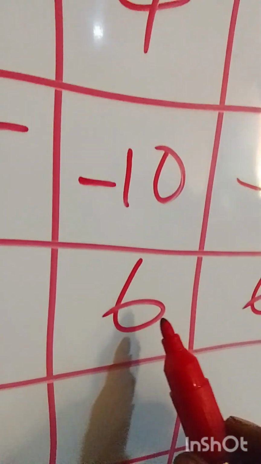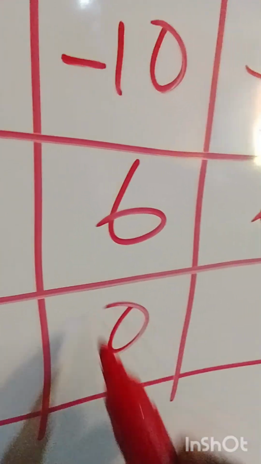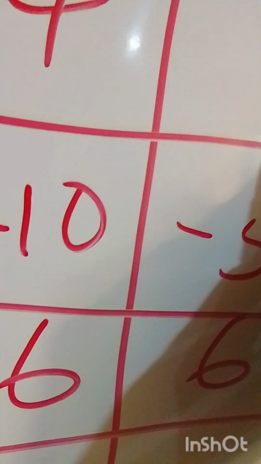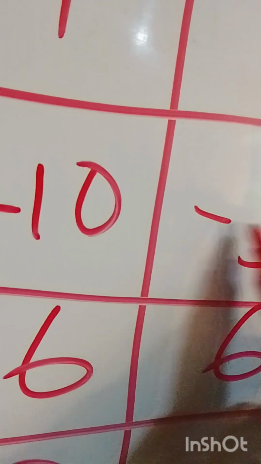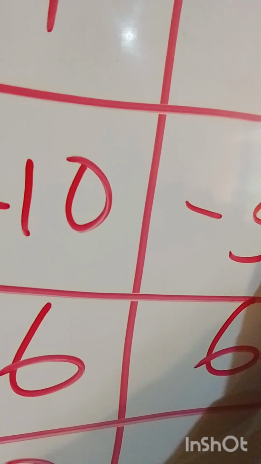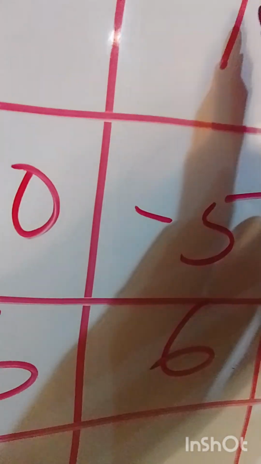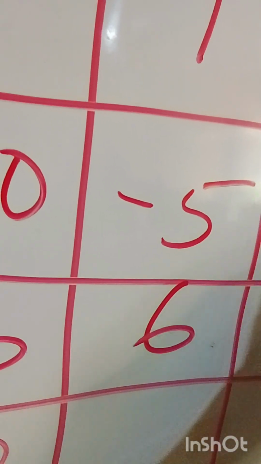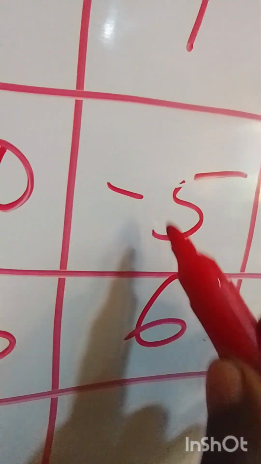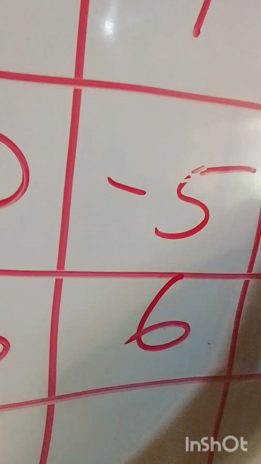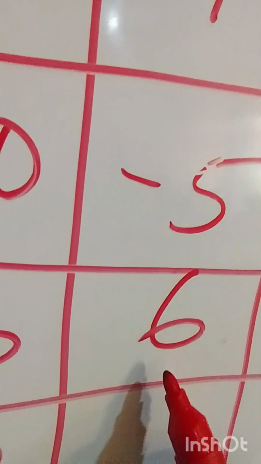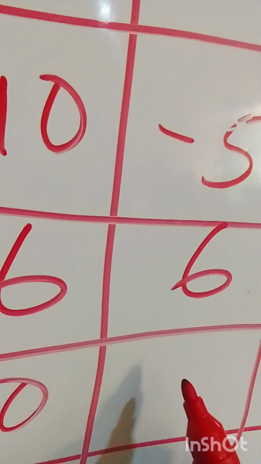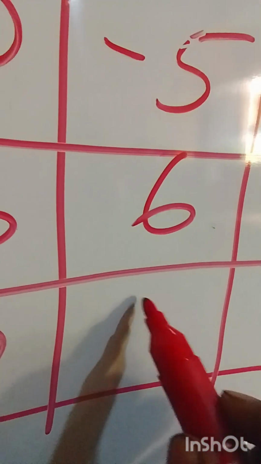Minus 6 plus 6 here is 0. 1 minus 5, we have minus 4. Now minus 4 plus 6, we have 2.